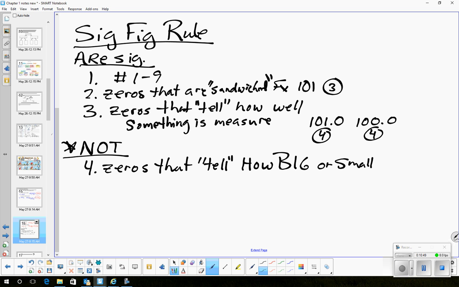Okay, that would be like if I had this number, it would only have one significant figure. Or if I had this number, this one would only have 2 significant figures, which would be this one and this one. The other zeros just tell me how small.